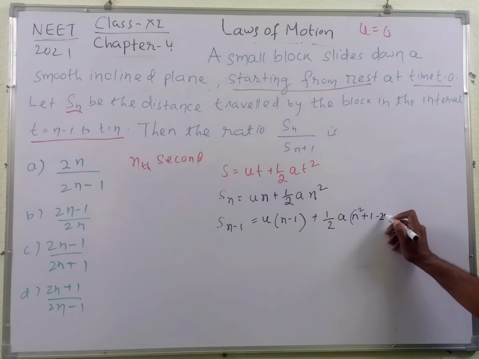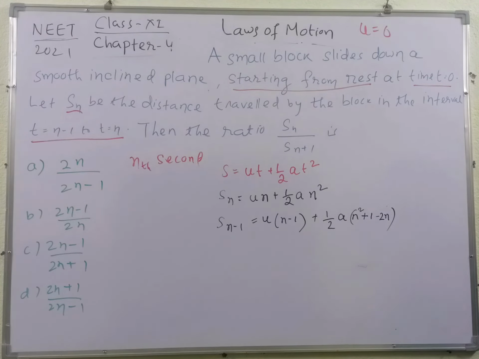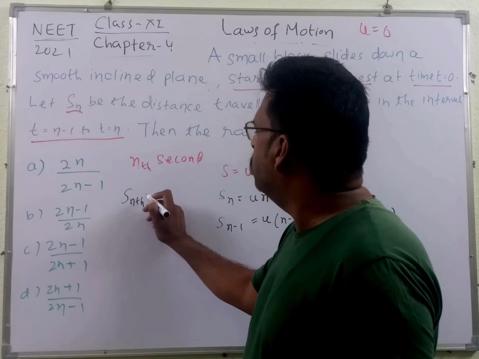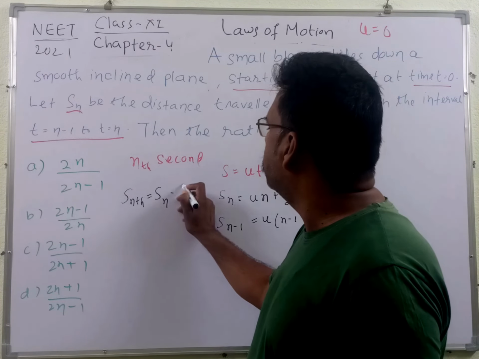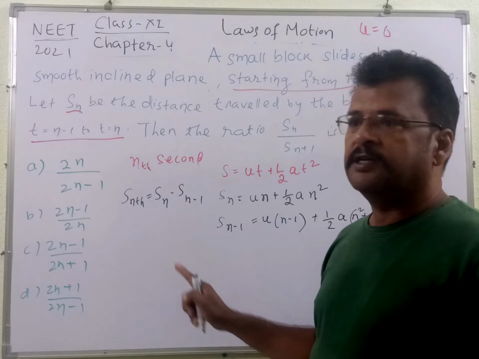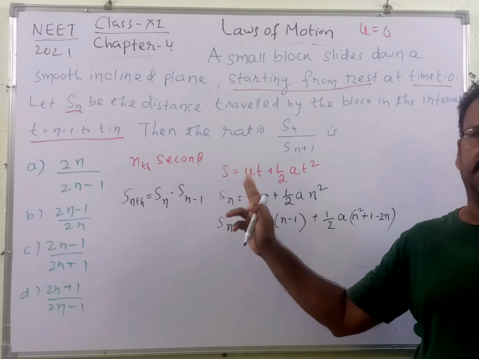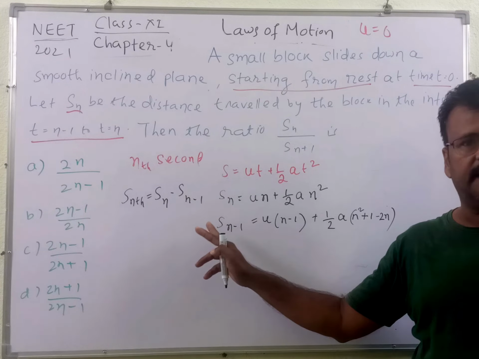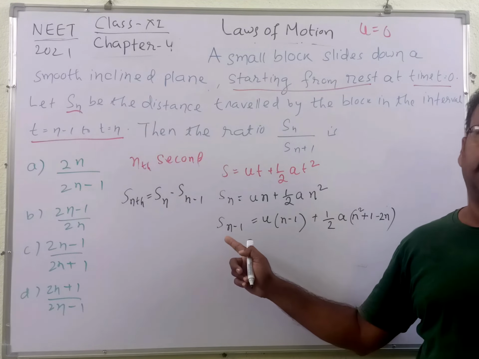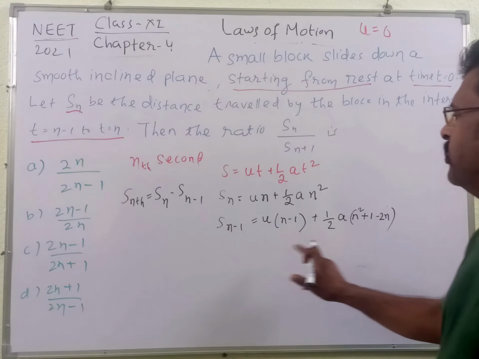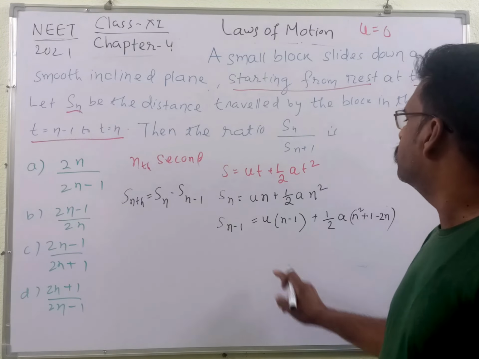Okay, student? So, student, what will be Snth? Snth will be equal to Sn minus Sn minus 1. The distance traveled by the block in nth second is the distance traveled by the block in n seconds minus the distance traveled by the block in n minus 1 seconds. So, student, we have to subtract these two things.